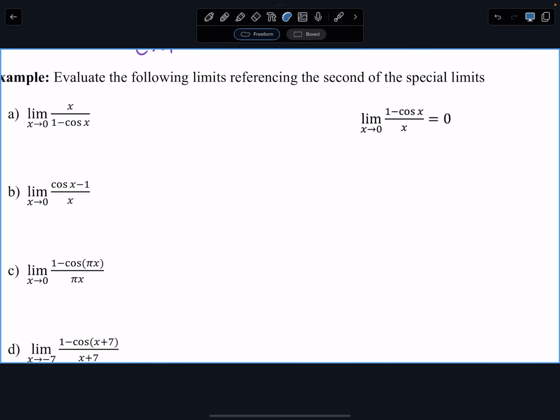That should make sense thinking back to sine and cosine and the graphs of the reciprocals. So the limit as x approaches 0 of x over 1 minus cosine x, the reciprocal, is DNE.